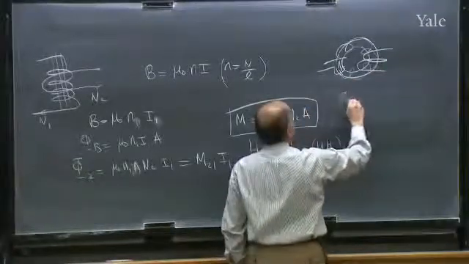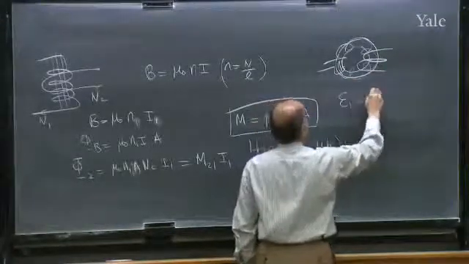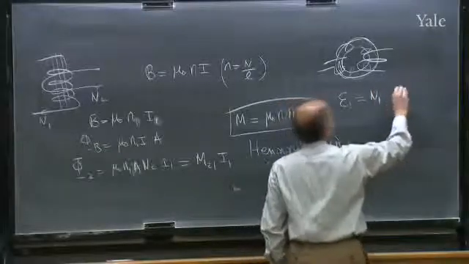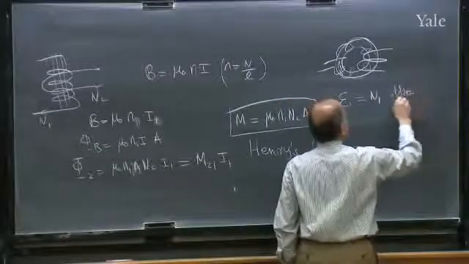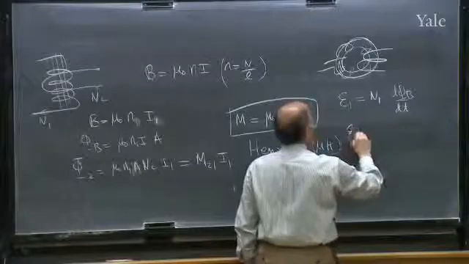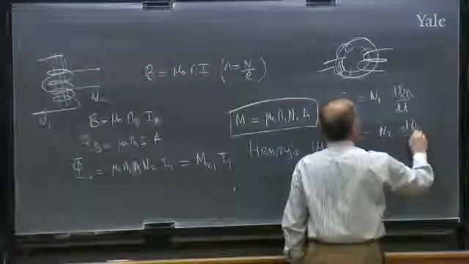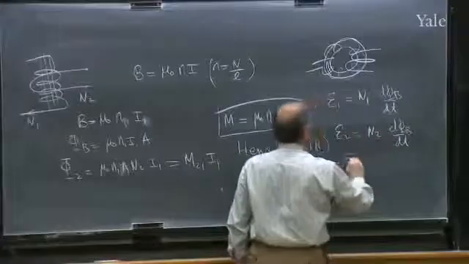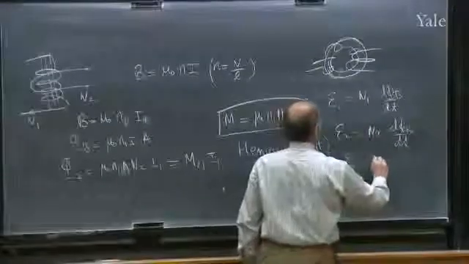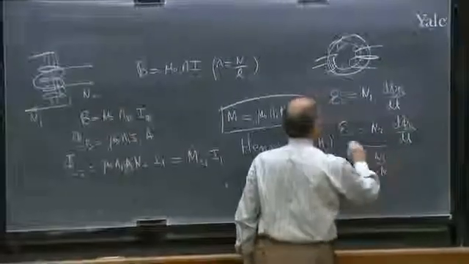The EMF on the first one is proportional to the number of turns on the first one times the rate of change of the magnetic field. The EMF on the second one is N2 times d phi B dt. Therefore, E1 over E2 is equal to N1 over N2.